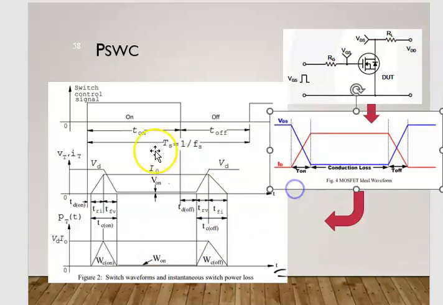So when we plot the switching signal, on or off, versus the response between VDD and I load, and the power generated by the losses during switching and during conduction, this is the pattern, the waveform of the instantaneous switch power loss during switching and during conduction.